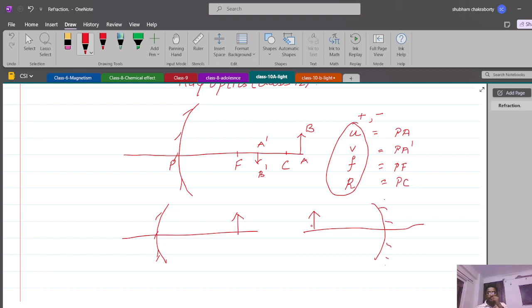And through my experience in board checking, where I've checked a lot of answer sheets in class 10th as well as class 12 board examinations, I have seen more often than not a vast majority of students make a mistake, and the mistake is usually in putting up the signs.